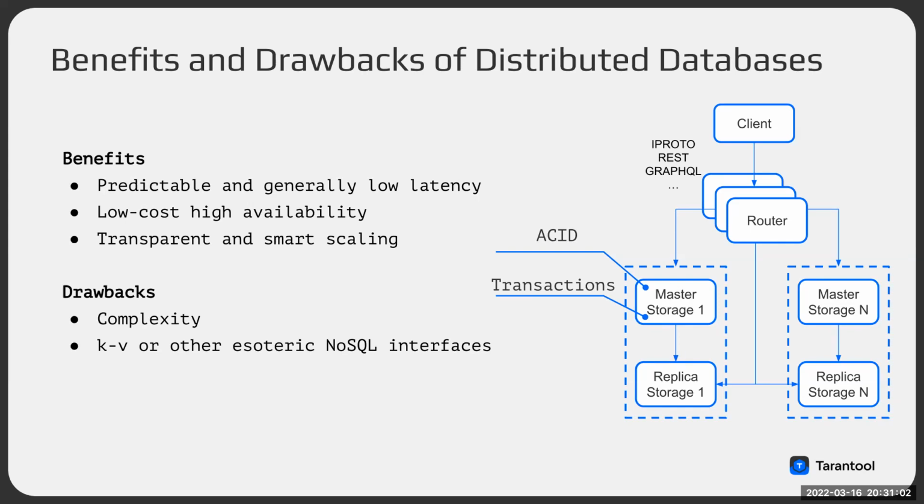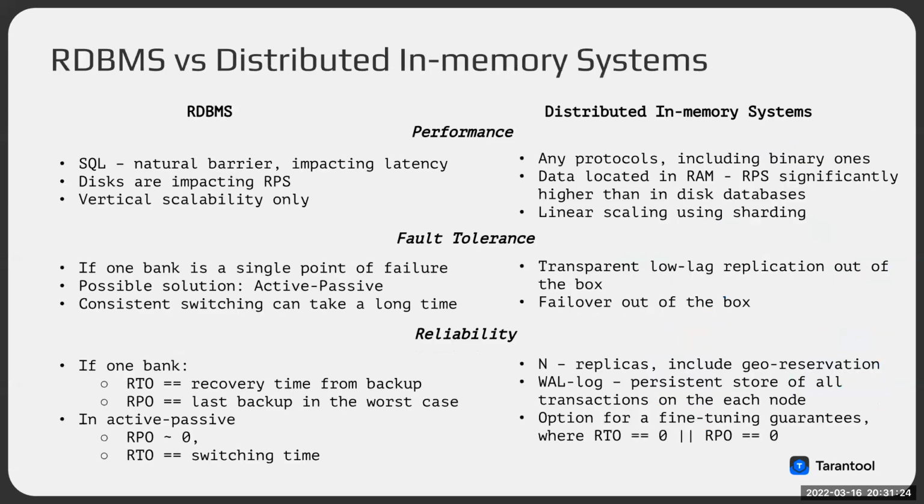So client requests can fall on different routers, and the client doesn't care which one it would be. I hope I answered that. If you have further questions, please write them in chat, and we can come back to this by the end of my presentation. All right, so let's keep going with performance.